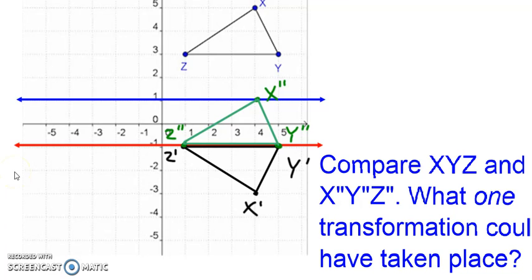So you may have thought that a translation could have taken place. The triangles are sitting the same way. Their orientation didn't change. So you know that's the big deciding factor when you're seeing if it's a translation. The orientation has to stay the same. So we see that the triangle is facing the same way. It's just in another location. So it's actually just moved down 4 spaces.